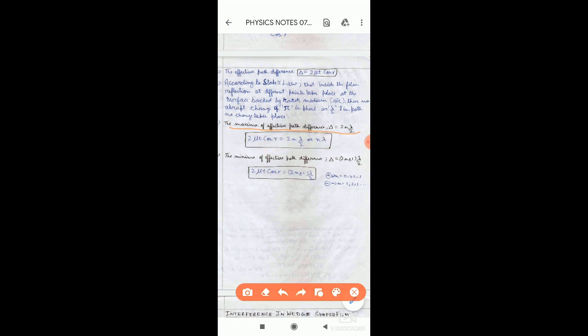Now the minima is an odd multiple of lambda by 2, it can be (2n plus minus 1) lambda by 2. So 2 mu t cos r equal to (2n plus minus 1) lambda by 2. For plus we take n equal to 0, 1, 2, 3, and for minus we take 1, 2, 3 and so on.